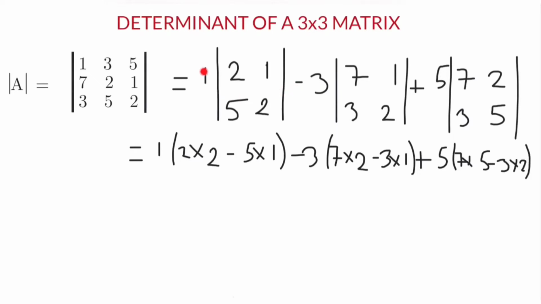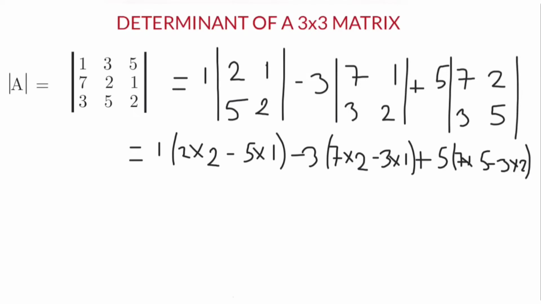In a 2 by 2 matrix, we multiply the first element and subtract this element times this element. Here you can see 2 into 2 minus 5 times 1. Here also, to calculate the determinant of a 2 by 2 matrix, if you don't know, 7 times 2, we crisscross multiplied this and this element minus 3 times 1. This is how you calculate the determinant of a 2 by 2 matrix.